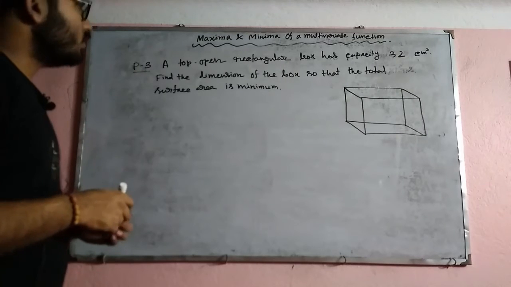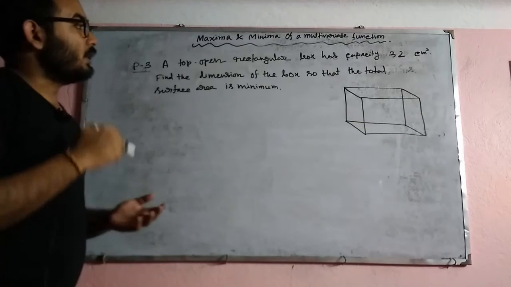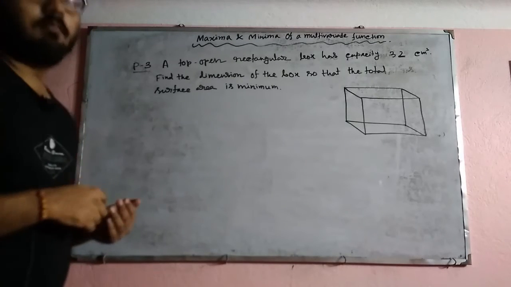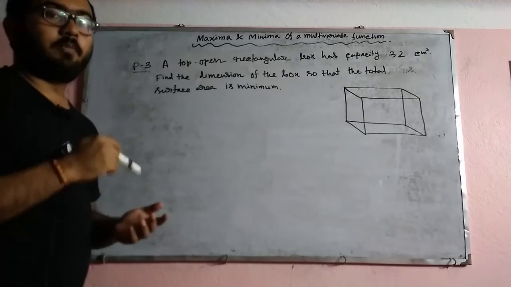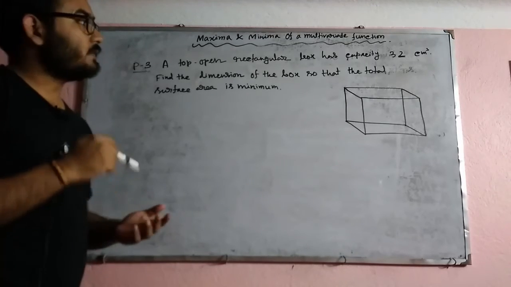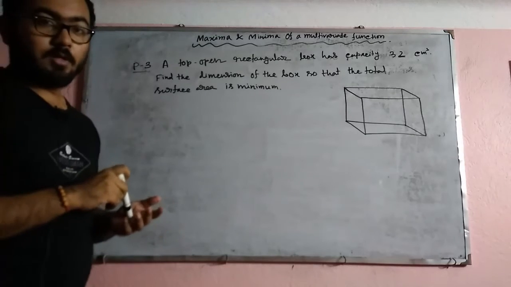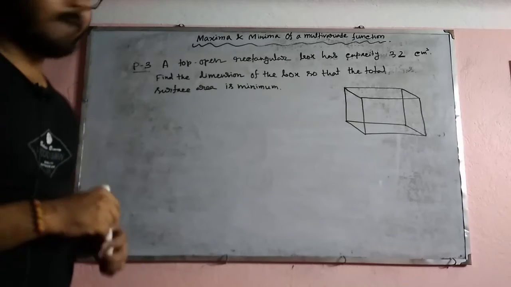And we have to determine the point at which the surface area function is minimum, and that point is nothing but the dimension of the box, okay?